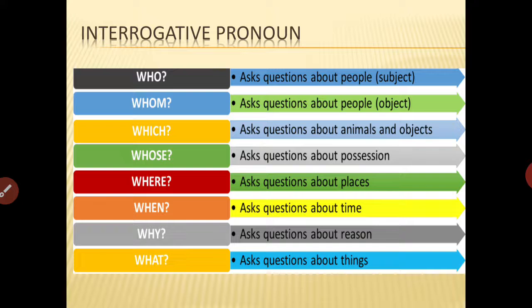Where is used to ask questions about places. When is used to ask questions about time. Why is used to ask questions about reason, and what is used to ask questions about things. So don't get confused between relative pronoun and interrogative pronoun. These are two different qualities of the same words.